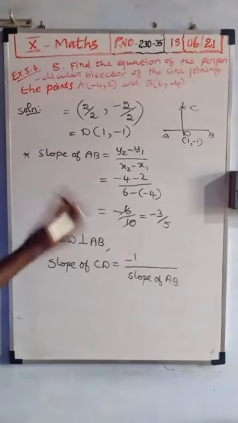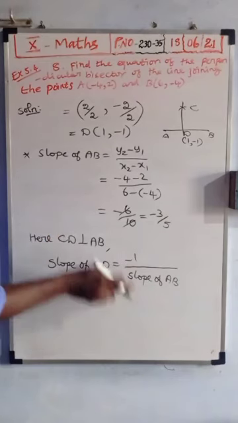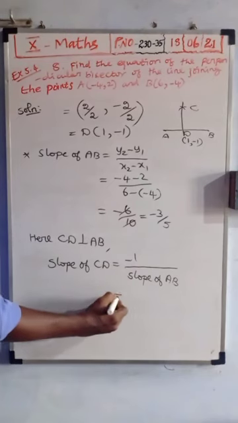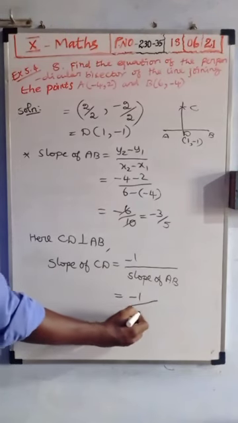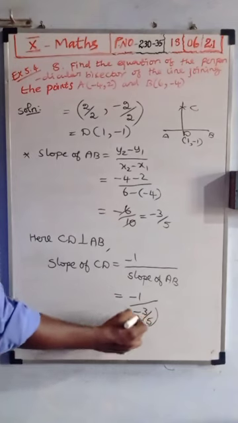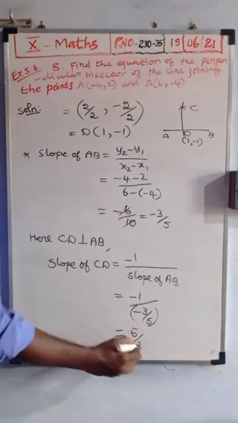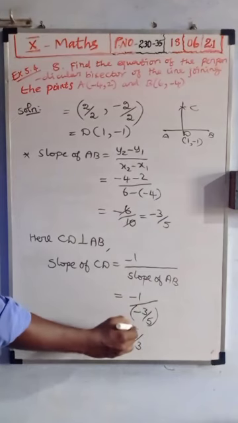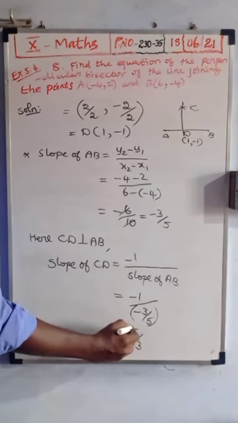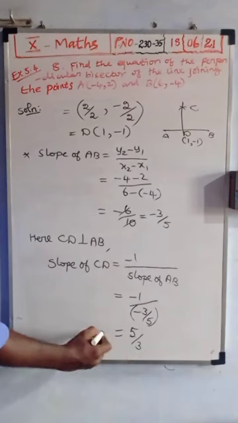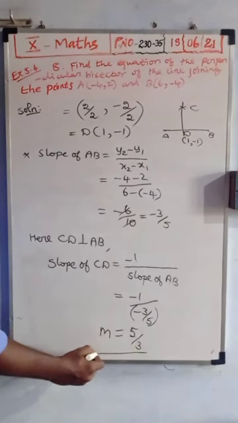M2 you want, so M1 will go down, so minus 1 by M1. M1 is the slope of AB. That means minus 1 by minus 3 by 5. So while taking the reciprocal we will get plus 5 by 3, because minus minus cancel, 3 by 5 goes to the numerator, 5 by 3. This is called slope M.